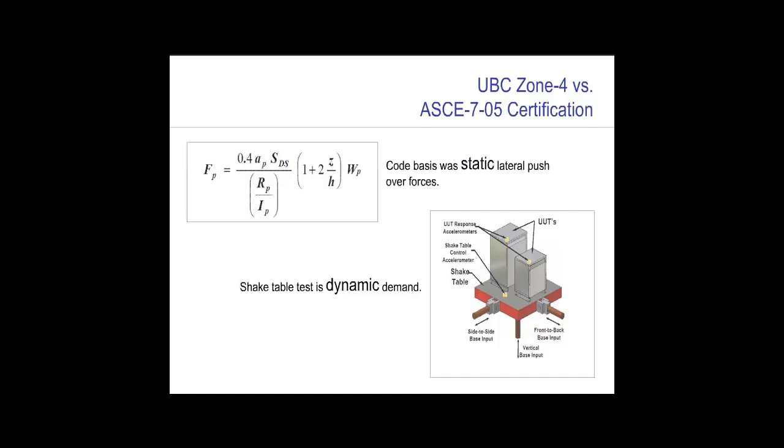Therefore, the intent was missing from the UBC, demonstrating a seismic event by simulation that the equipment could withstand the dynamic demand. Many small OEMs, or original equipment manufacturers, simply cannot afford the testing required to meet the new standard.